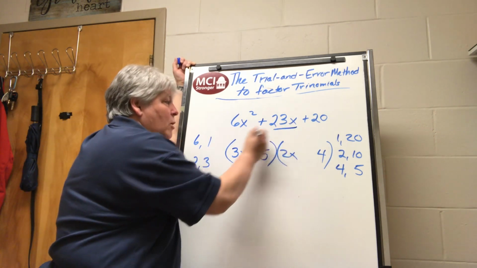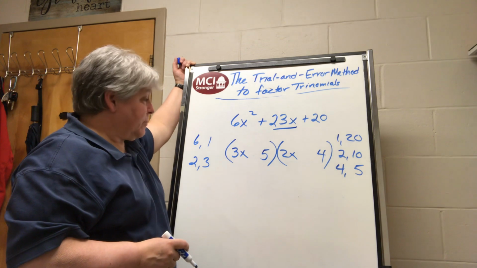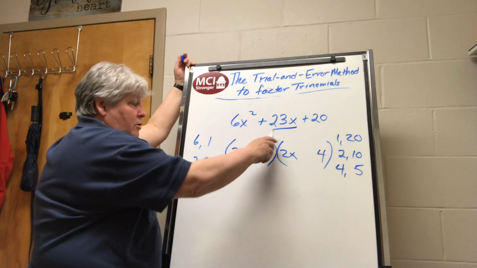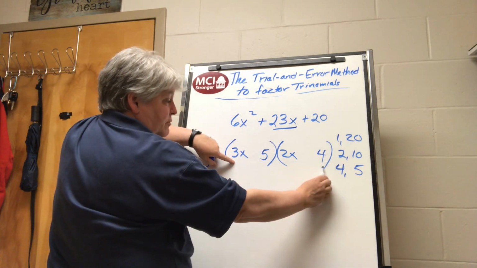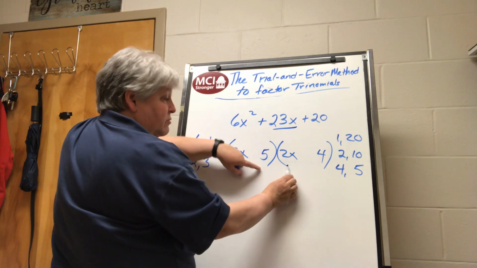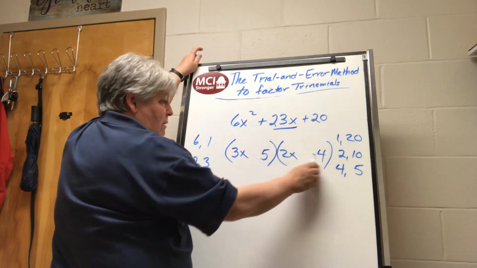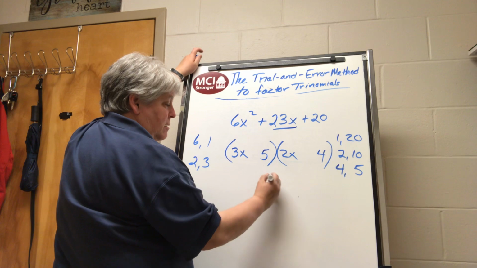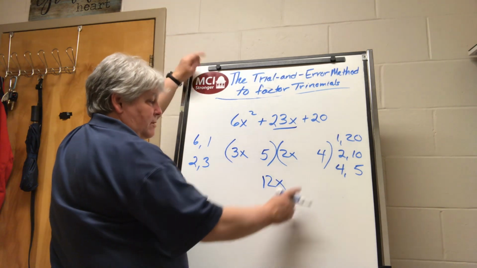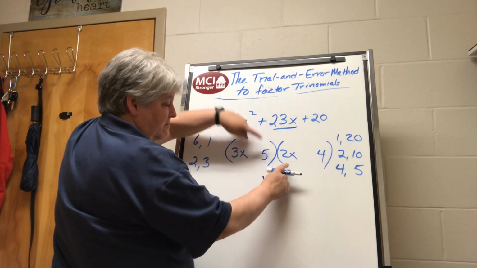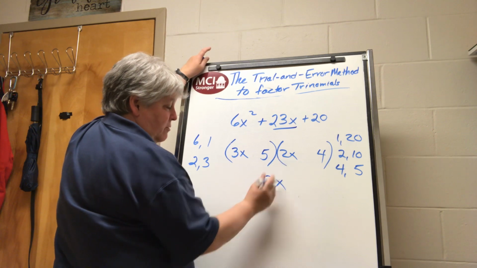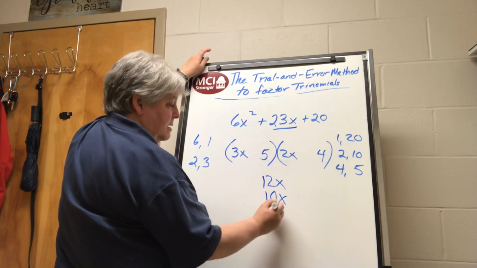It's this middle term that I'm wondering if that will work out. So remember, this middle term comes from multiplying the outers and multiplying the inners and adding them together. So the outers give me a 12x. The inners give me 5 times 2x, which is 10x.